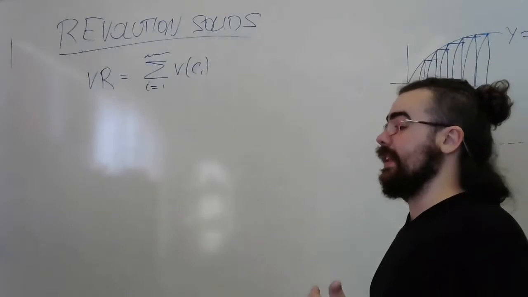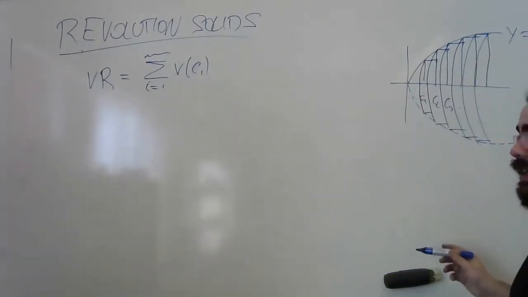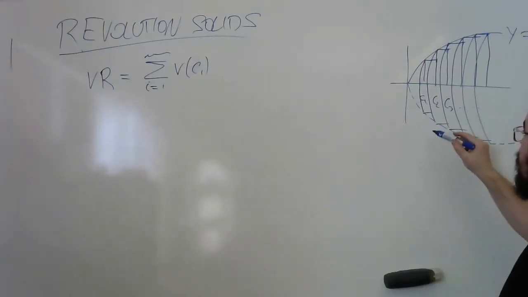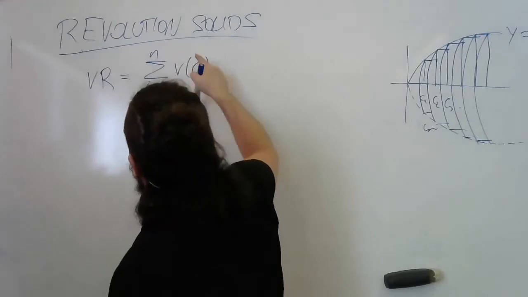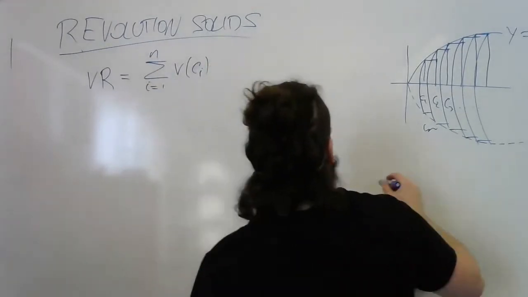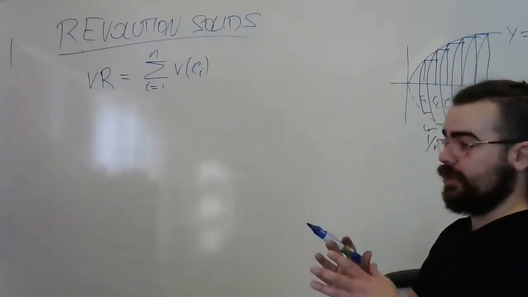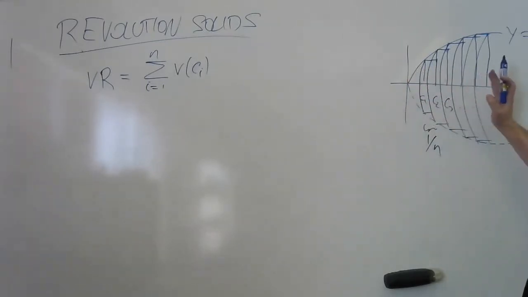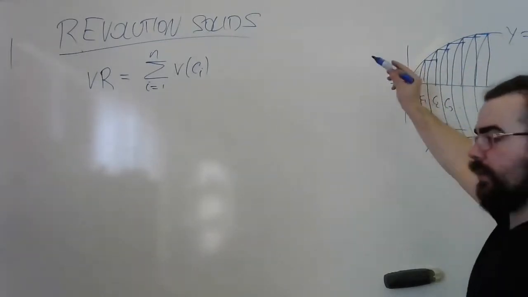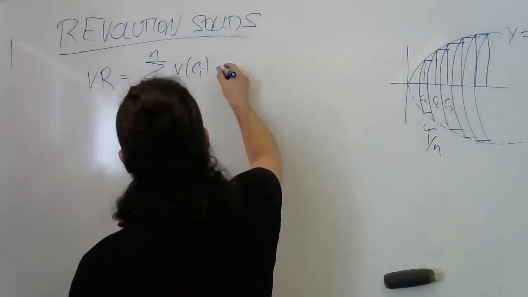What's the volume of a cylinder? The volume of a cylinder is surface of the base times height. The height here is 1/n because we do our partition with n parts and then we revolve our Riemann rectangles.